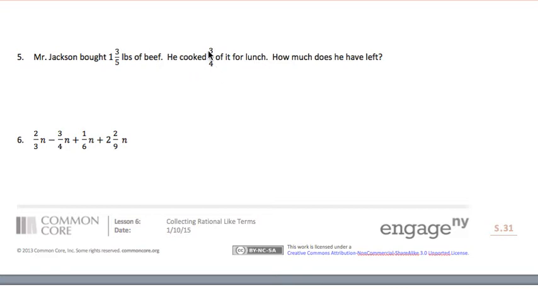He cooked 3/4 of 1 3/5 pounds for lunch. How much he has left would be the 1/4 that he did not cook. So 1/4 of 1 3/5 pounds is what he has left. So we'll need to multiply 1 3/5 times 1/4 in order to find out how much he has left.